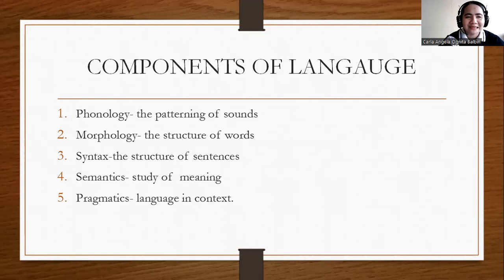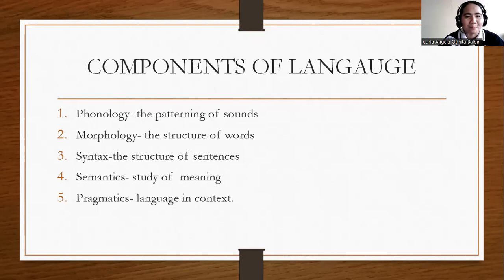So syntax refers to the rules that govern the way in which words combine into phrases, sentences, and clauses. Okay. So, sabi nga ni Kayan, if you change the position of even one word, it's possible for you to change the meaning of the entire sentence.